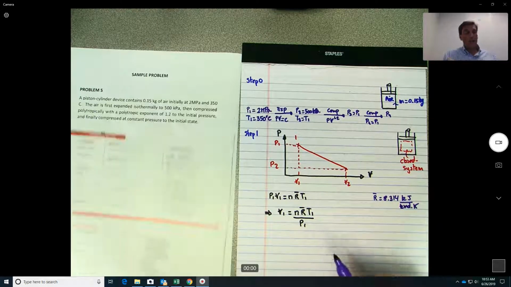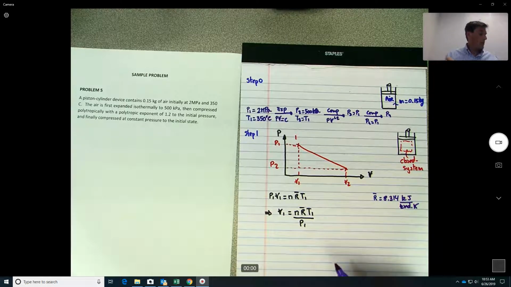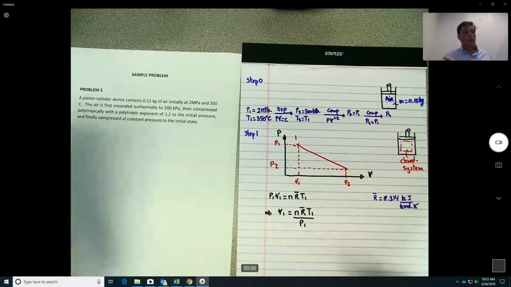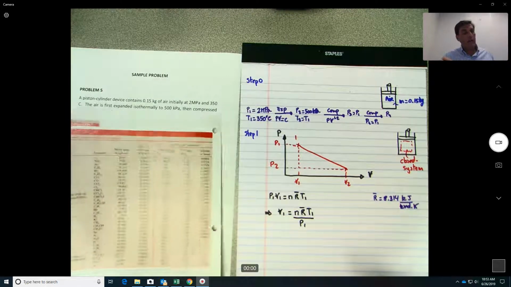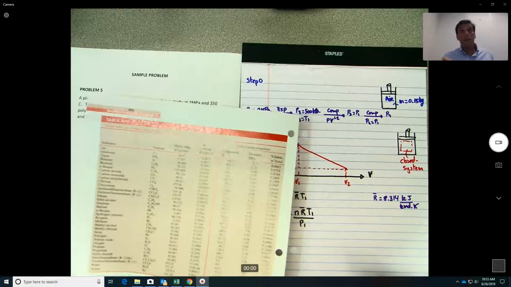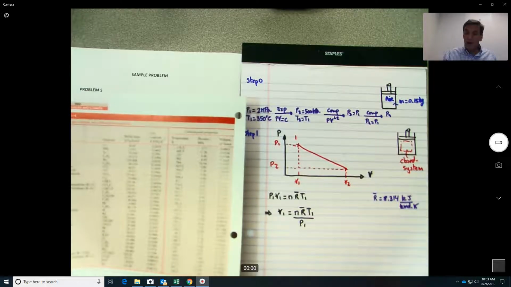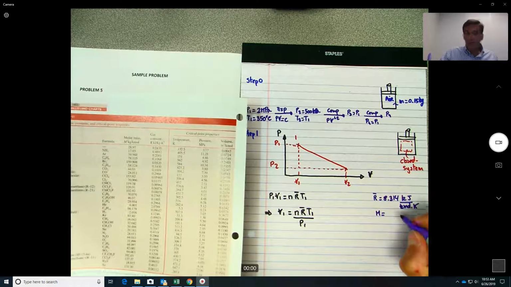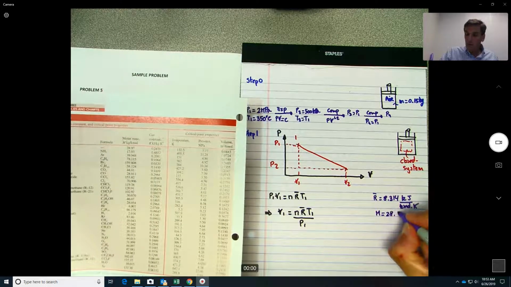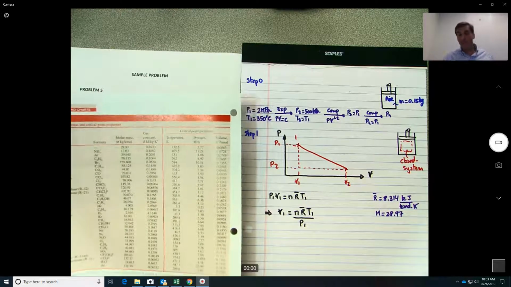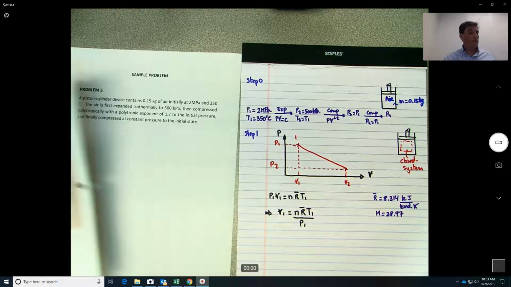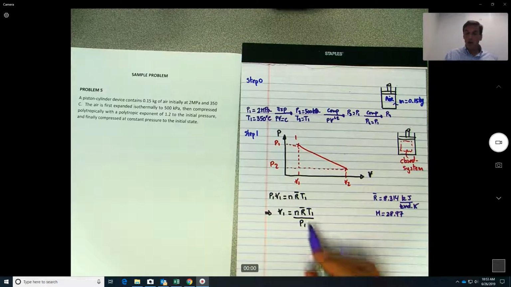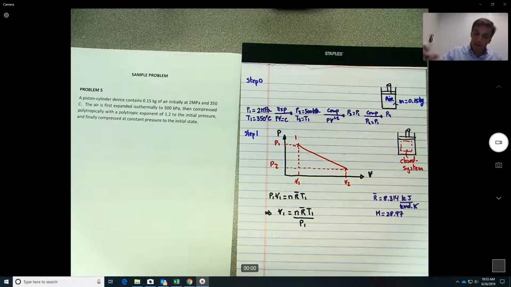Okay, and for air, you might remember or not, but again for the Çengel textbook it will be table A1 on page 882, and the molar mass of the air is 28.97. All right. So now we substitute into this equation here.